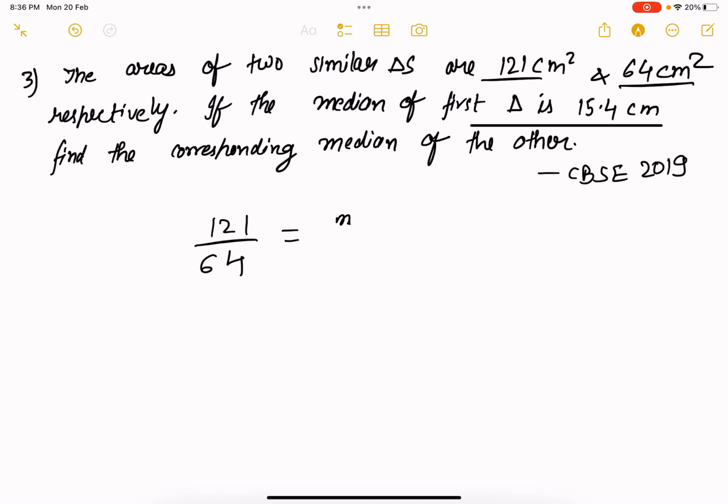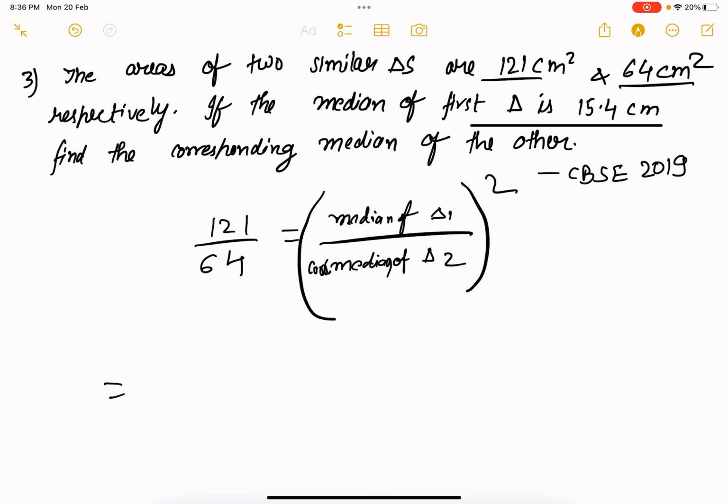So median of triangle 1 divided by corresponding median of triangle 2 whole square.